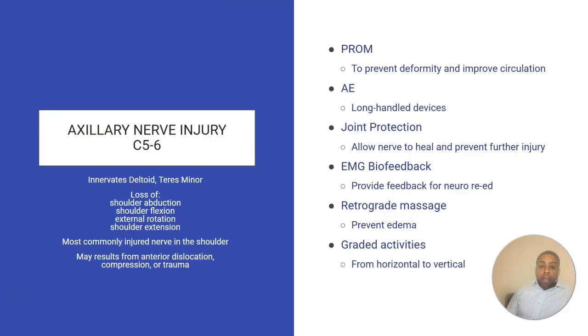It's also important to talk about joint protections, right, to allow for the nerve to potentially heal. And from a joint protection standpoint, it is just making sure that the arm is positioned appropriately, that it's not hanging to the side or hanging when the person is walking or standing for an extended period of time.